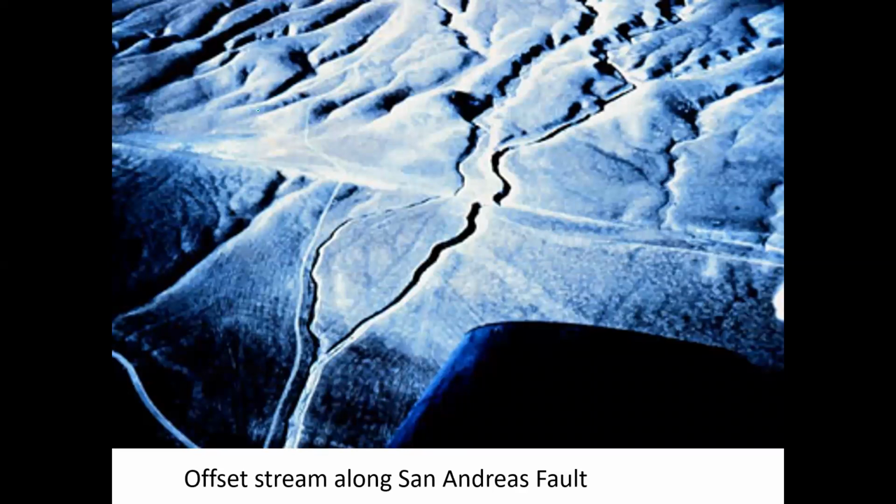This is offset stream along the San Andreas Fault. Everything is being moved off this direction. So on this side of the fault, we have streams, we have ridges that shudder past each other as they're being moved either from an earthquake or just creeping motion. And you see this is a famous creek.